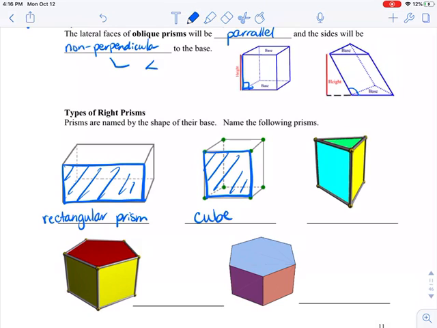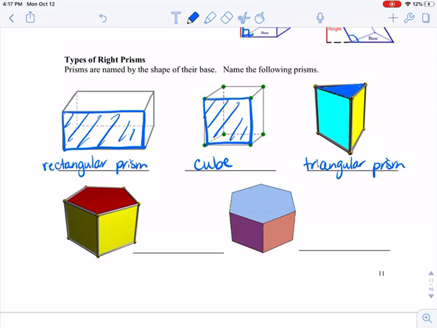Here's another shape. This face here is a triangle. So this is a triangular prism. Again here, this shape has 5 sides.